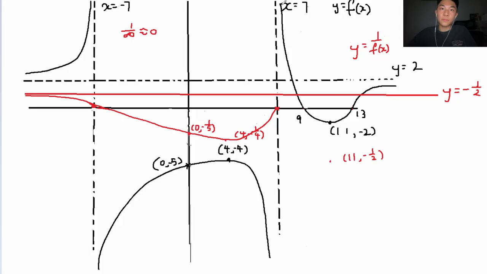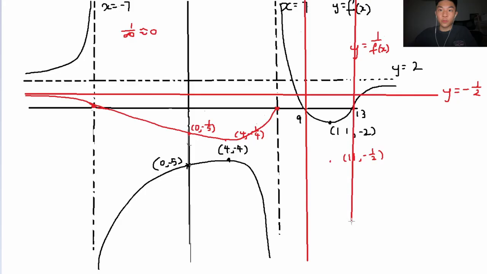In this part, 1 over a really big positive number. So now we'll be at the positive side. So I'll start at 0 again. And then it approaches 0, right? So that means 1 over 0 is undefined. So now we have vertical asymptotes. Same for 13.